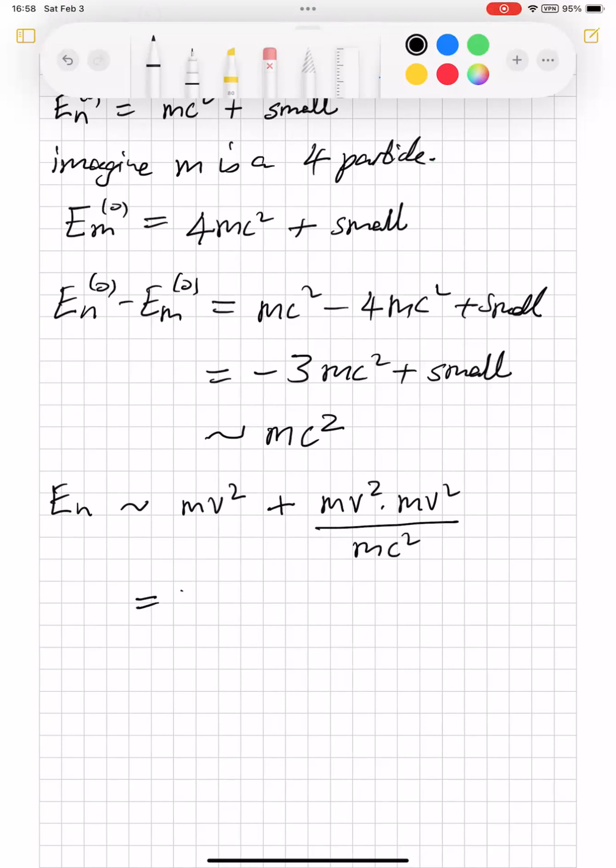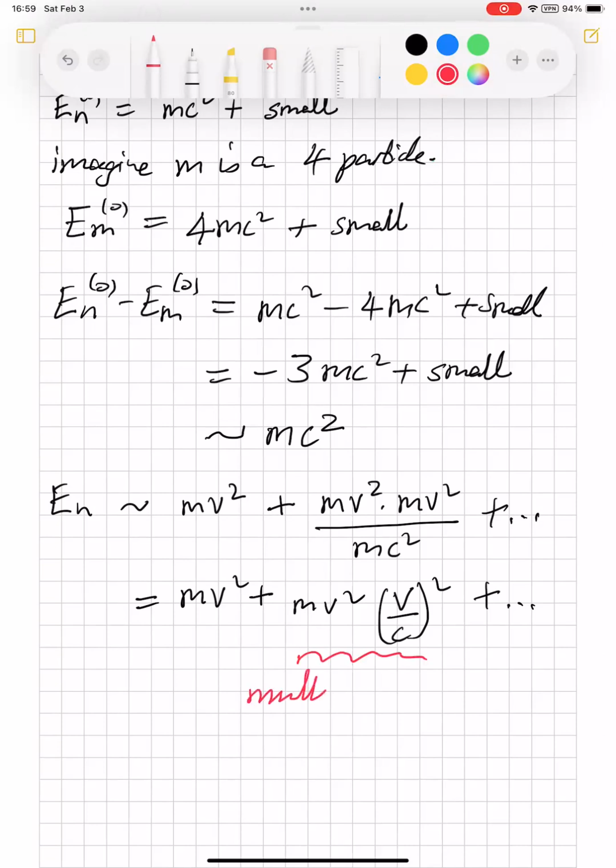You can see that this looks like mv squared times v squared over c squared. The m's cancel, and we get a v over c squared. Of course, there would be other terms correcting this. But what you can see very clearly is the multi-particle correction.